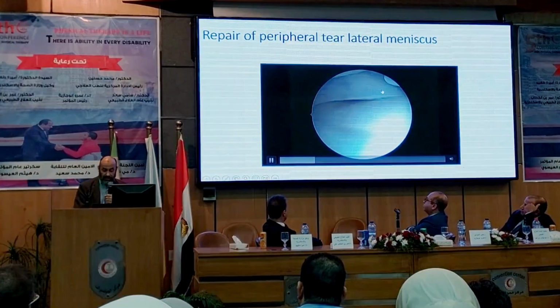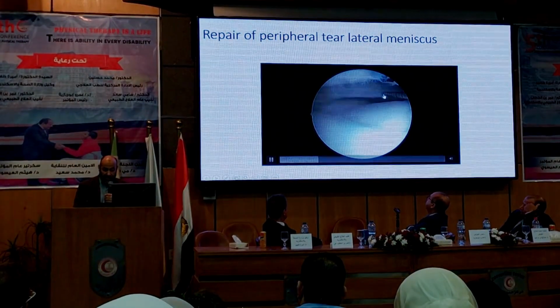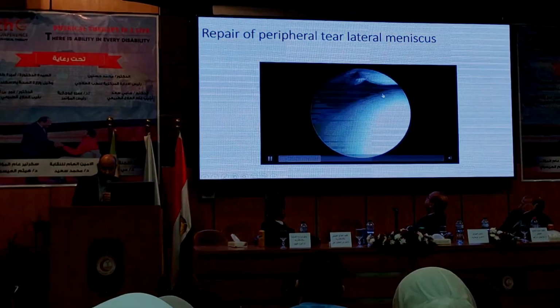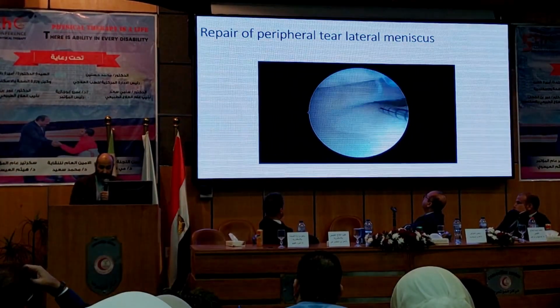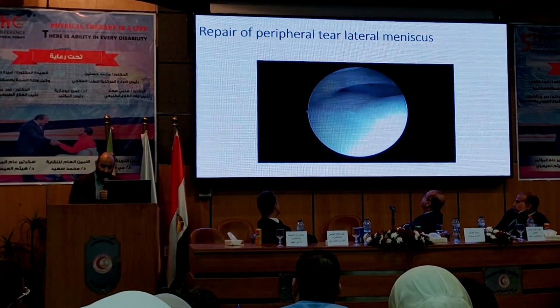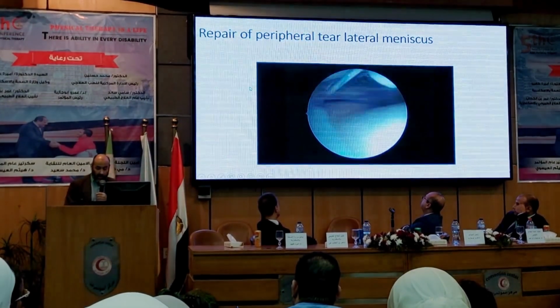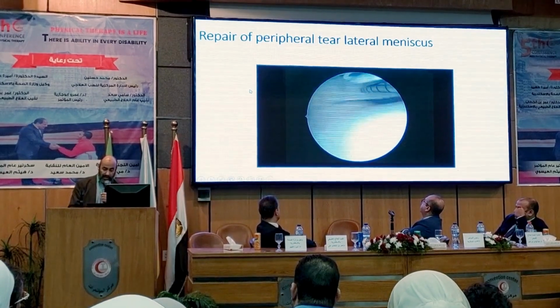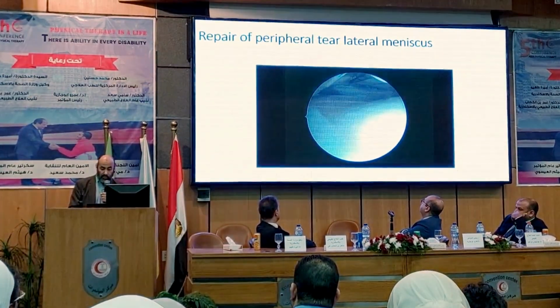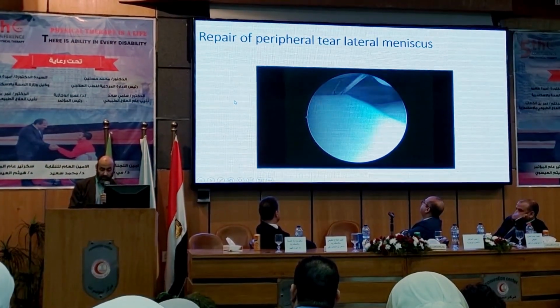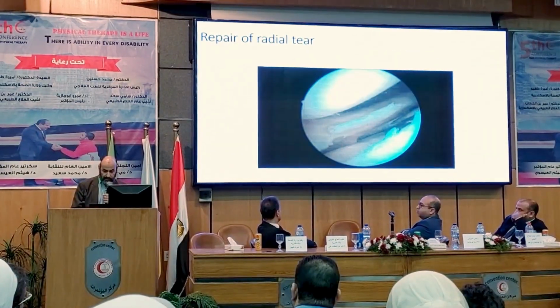This is the all-inside device getting into the substance of the meniscus to insert one or two sutures promptly and with compression, and this probably will end with healing of the tear, hopefully, and this athlete might go back to sports peacefully, probably within 4 months from the tear.